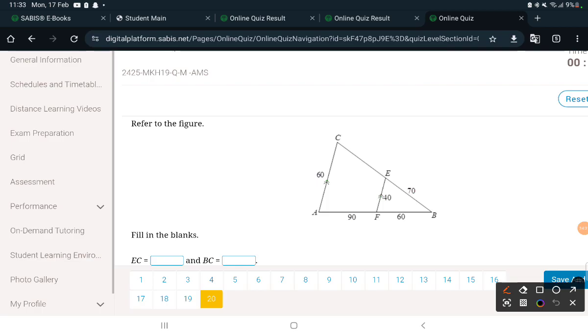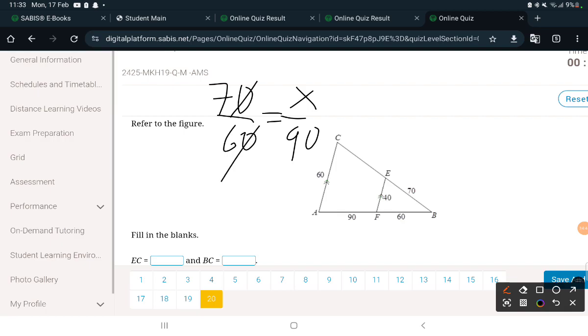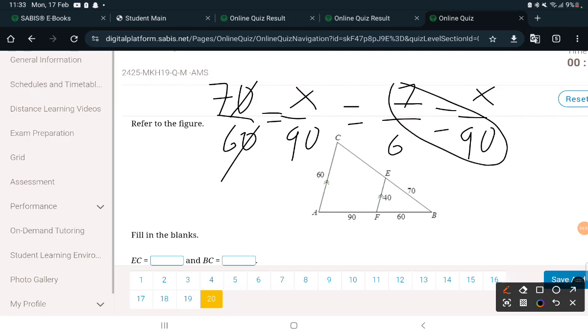Okay, so 70 over 60 equals x over 90. Cancel the 0. So 7 over 6, I mean 7 over 6 equals x over 90. Cross multiply. 7 multiplied by 9 is 63. So that's 630, equals 6x.